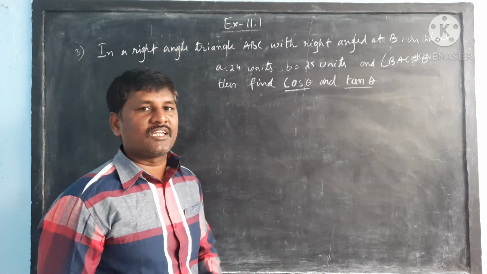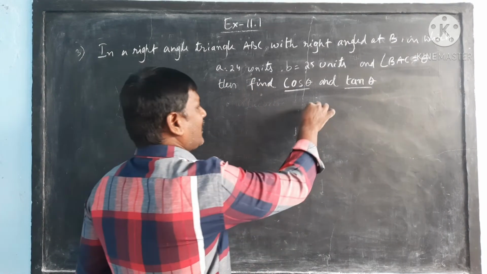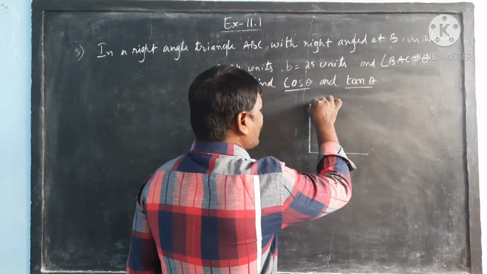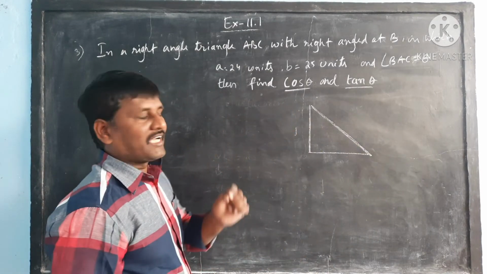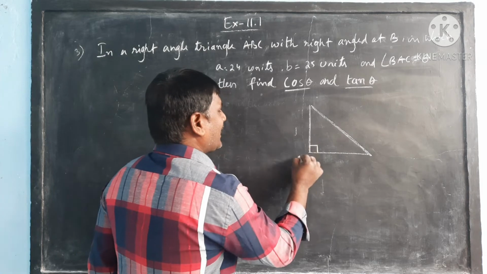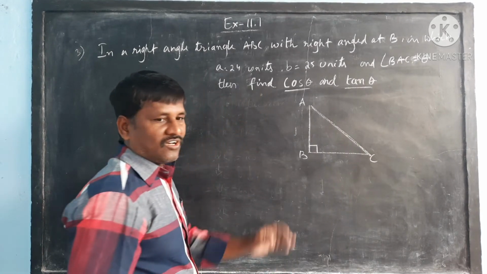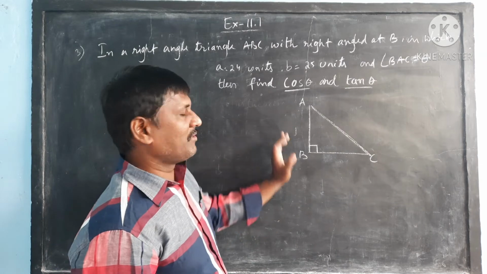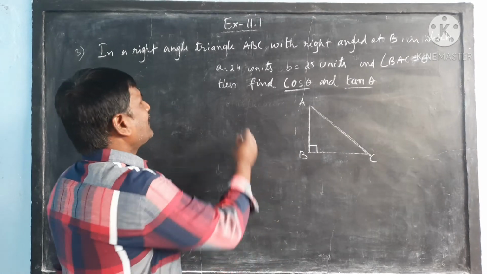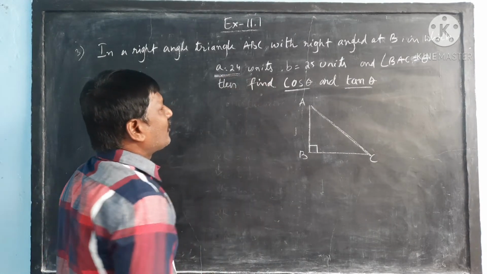Before we solve this, let us draw a right angle triangle ABC. As the question is given, right angle at B, then the remaining vertices are A and C. Now it is a right angle triangle ABC. The measurement a is equal to 24 units.